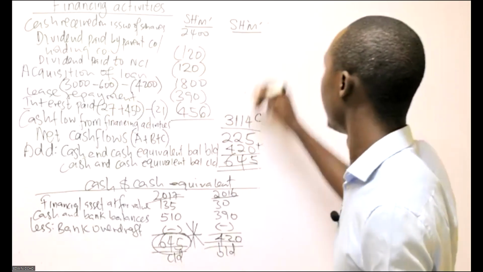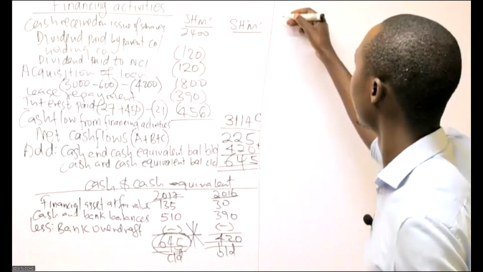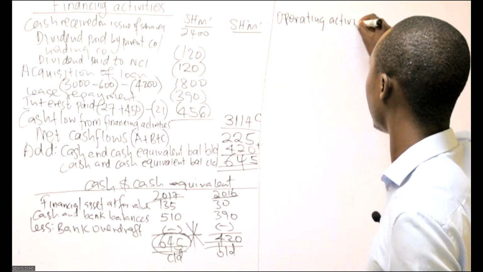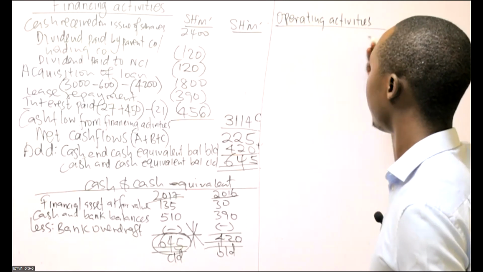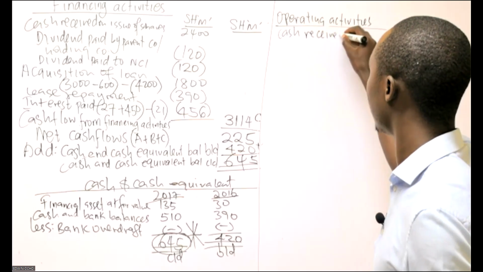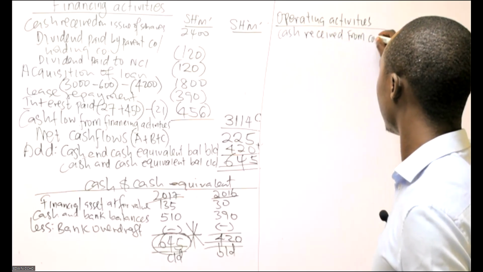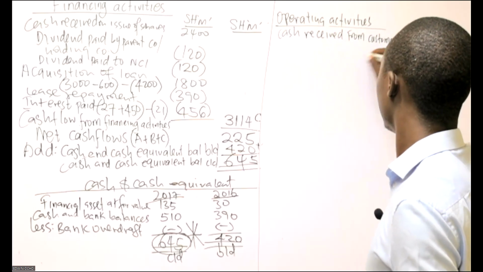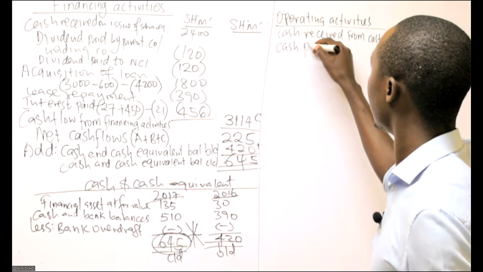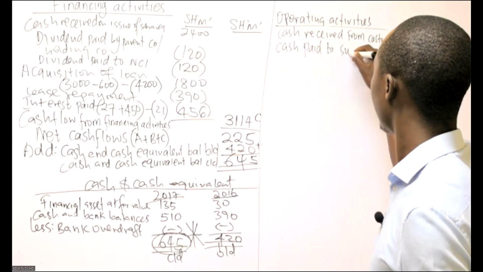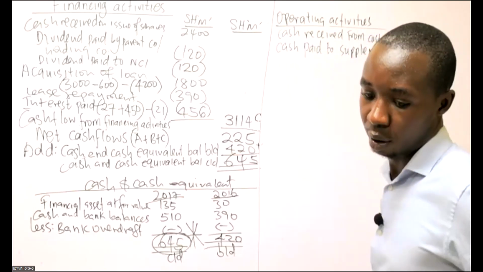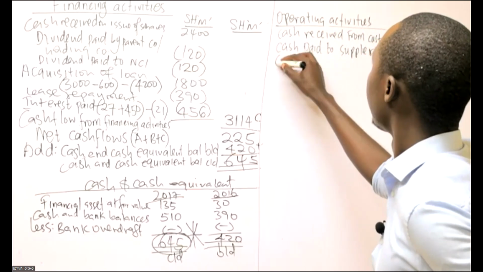So if it was direct method, remember direct method is just only first part I will be doing. So I will just be doing operating activities. The others remain the same. So for the operating, you start with cash received from customers. Then you talk about cash paid to suppliers, then you talk about cash paid to employees.